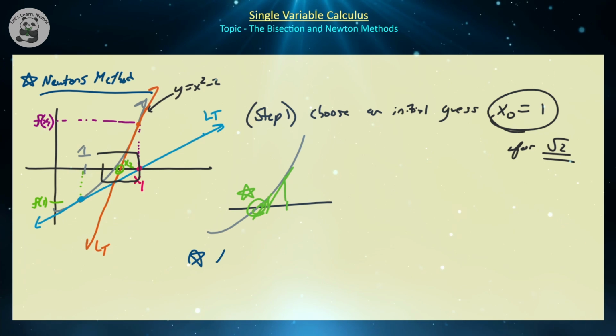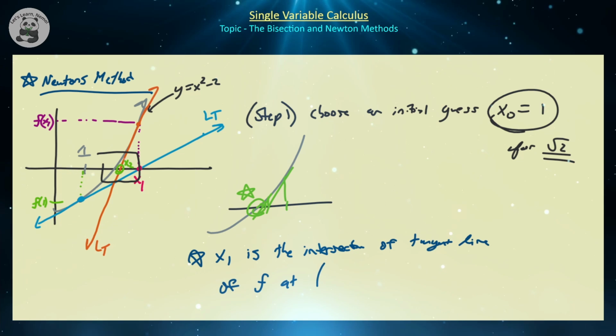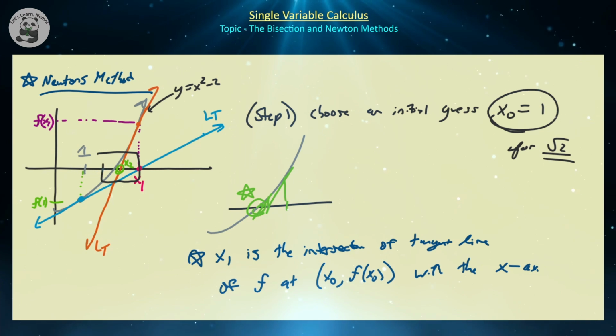So what exactly is x1? So x1 is the intersection of the tangent line of f at x0, f of x0, with the x-axis.